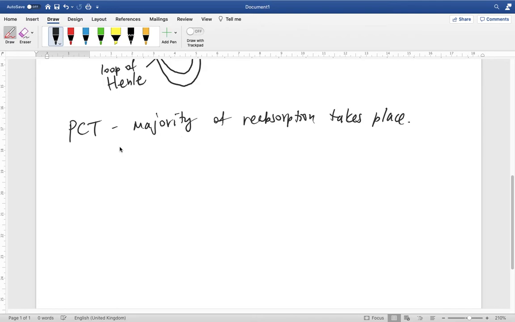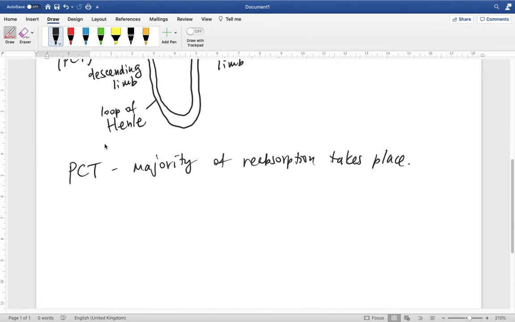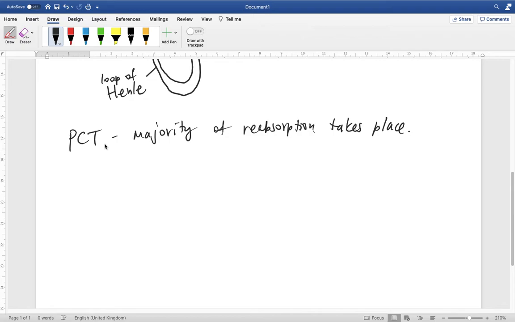That includes all these substances we wrote down earlier on. So most of your water, most of your glucose, most of your amino acids, and a lot of the ions are reabsorbed there. I'm going to let you research specific percentages or figures for each substance yourselves. How much water, for example, gets reabsorbed in the PCT specifically. I'm going to leave that to you to find out.